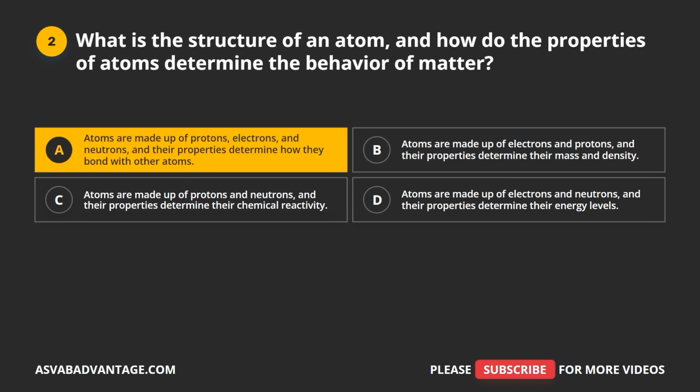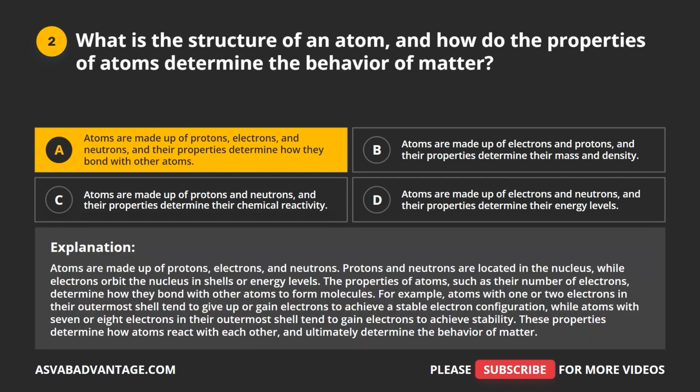Atoms are made up of protons, electrons, and neutrons, and their properties determine how they bond with other atoms. Protons and neutrons are located in the nucleus, while electrons orbit the nucleus in shells or energy levels. The properties of atoms, such as their number of electrons, determine how they bond with other atoms to form molecules.